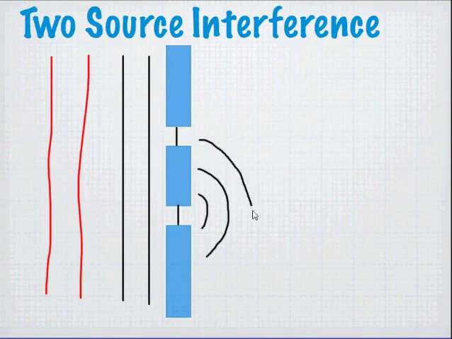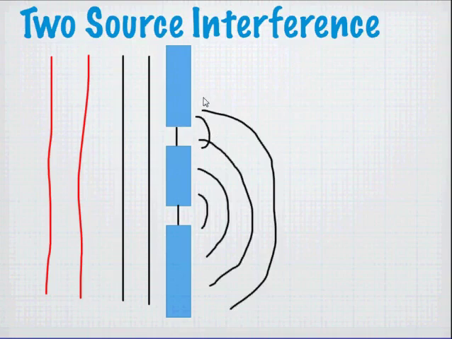Now the wavelength should stay constant, it's quite hard to draw, so that's this one here. And then from this one here, there will also be some curved waves emanating from it.